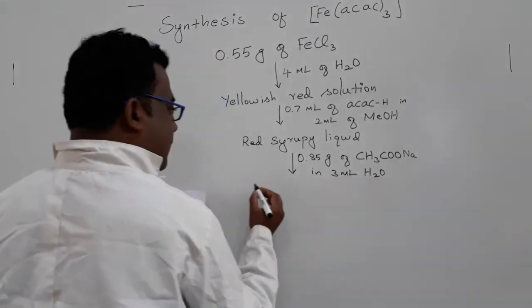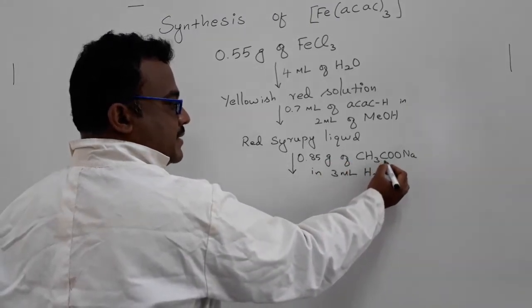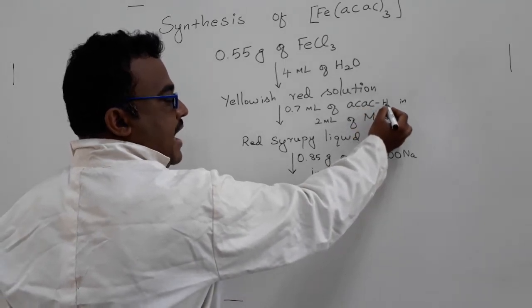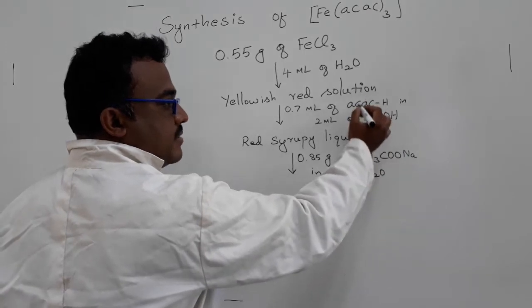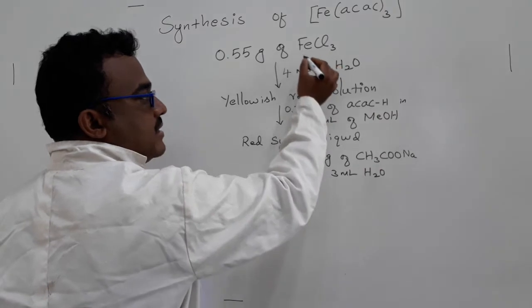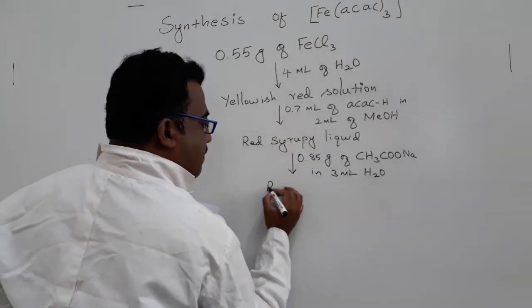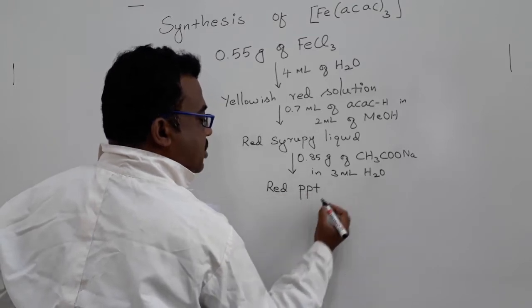Once you add it, the sodium acetate will act as a base that will deprotonate acetyl acetone, which has an active hydrogen atom. Once it is converted to the monoanionic form, it will react with iron 3 plus to form a red precipitate of ferric acetyl acetonate.